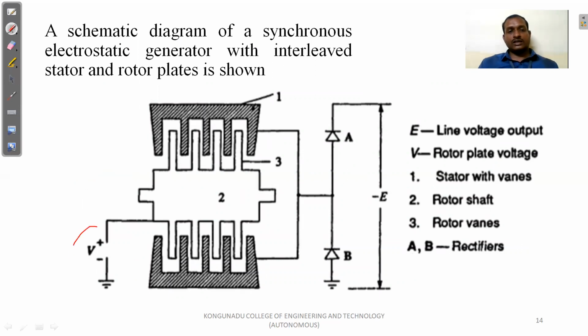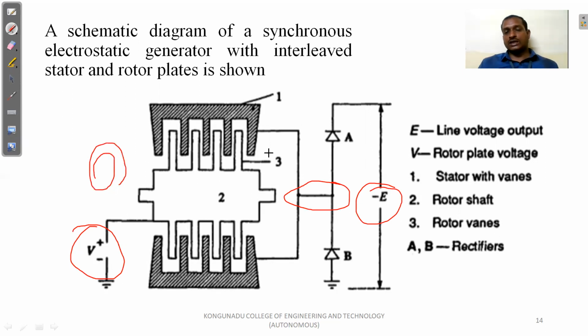The rotor is maintained at ground potential. The stator is connected to the common point of the two rectifiers A and B and maintains the voltage minus E. If the rotor rotates, the rotor capacitance varies. If the capacitance decreases, the induced voltage increases.